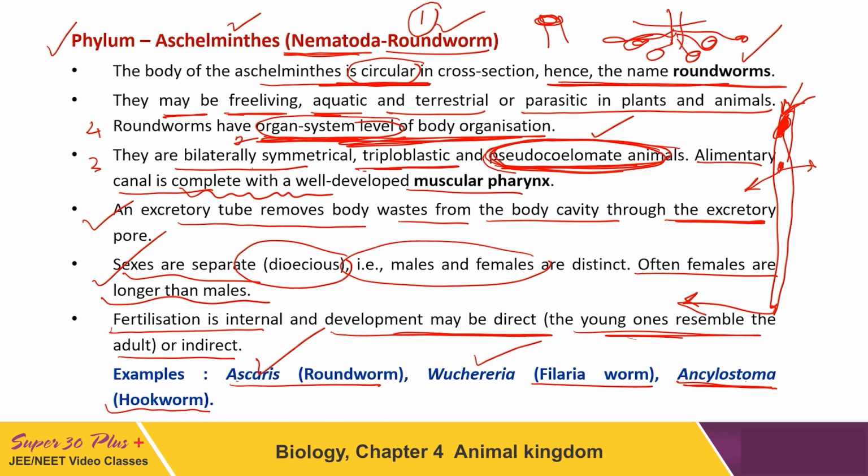They have a muscular pharynx, a complete digestive system. Excretion is through the excretory pore. Sexes are separate, dioecious, male and female. Fertilization is internal, and the reproductive system is highly developed. Examples are Ascaris, Wuchereria, and Ancylostoma, that is hookworm.